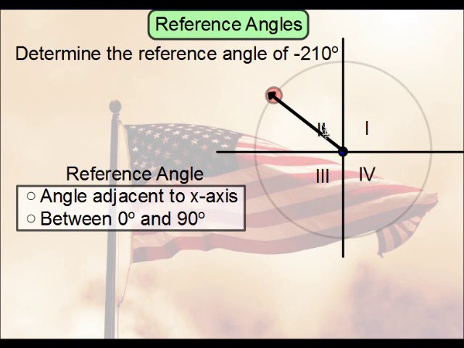The numbers go according to positive angles, so as you rotate this way, you will pass through each of the quadrants, and therefore we number them in that order. The reference angle is right here, so it's not a continuation to the next axis, but rather what's next to the x-axis by the origin. And you get 30 degrees by taking 210 and subtracting the difference from 180. This is always positive, so that's our answer.